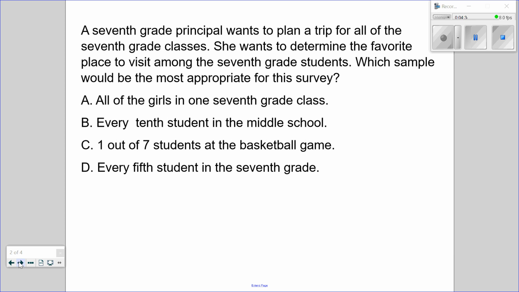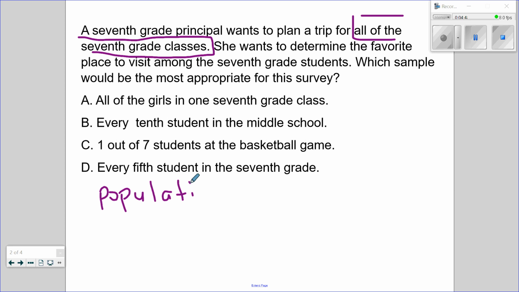The first thing we know is that she wants to survey all of the seventh grade classes, so our population is the seventh grade classes. It's very important now that her survey represents all of the seventh grade classes.